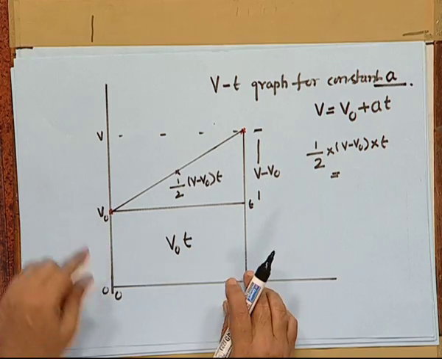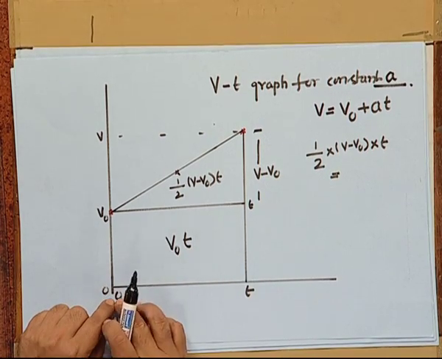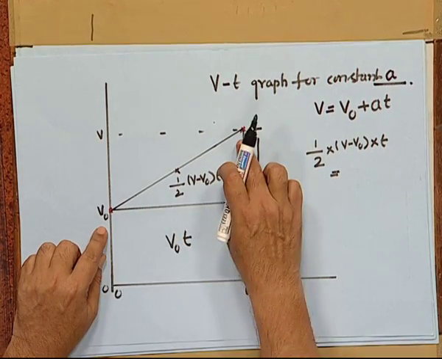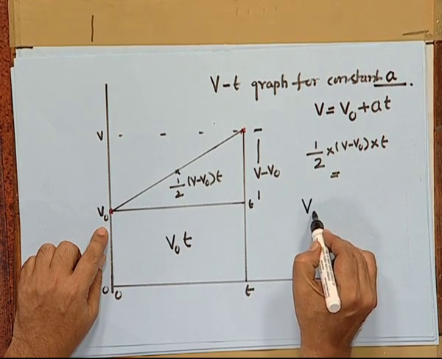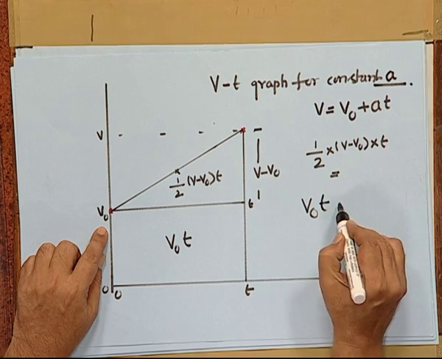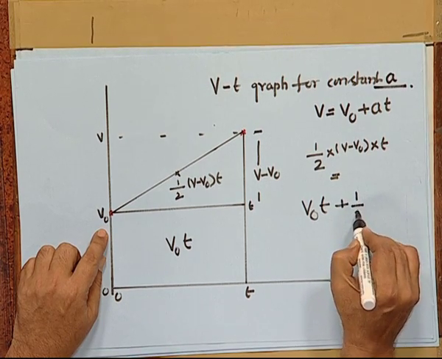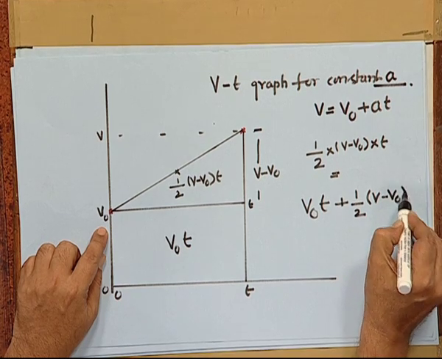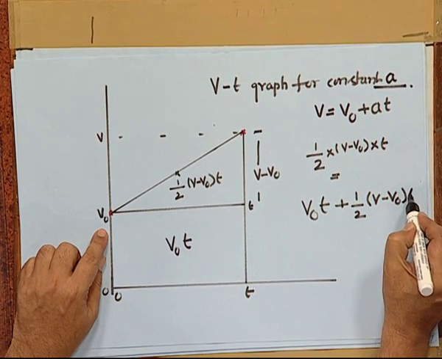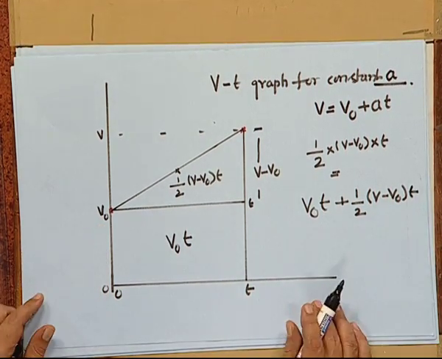Now, the total area under the velocity time curve between 0 to t is v0 t plus half into (v minus v0) t.